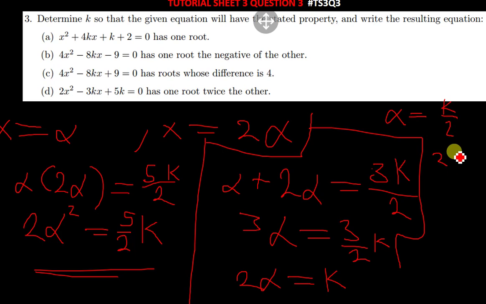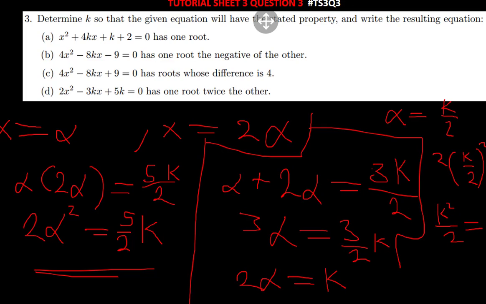Then where there is alpha, we put k over 2. Then you square it, is equal to 5 over 2k. So this is now going to give you k squared over 2 being equal to 5 over 2k.